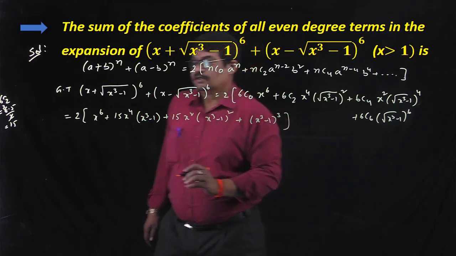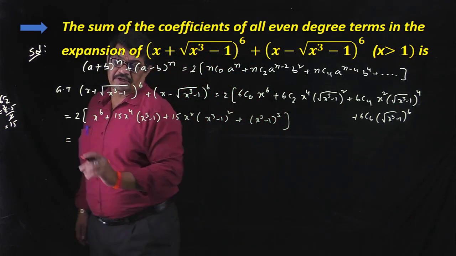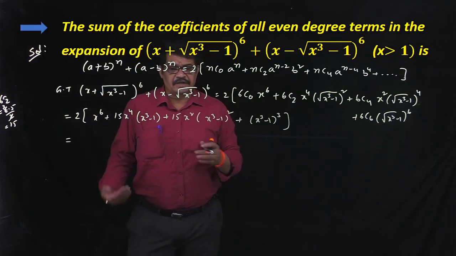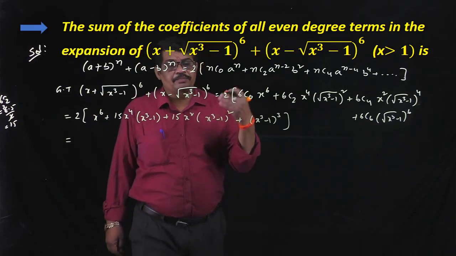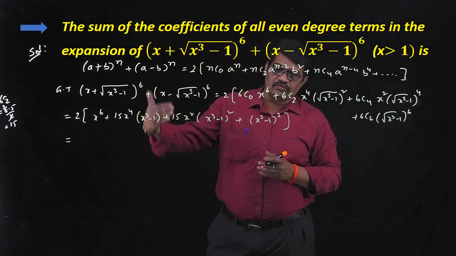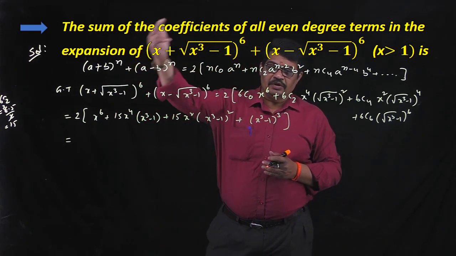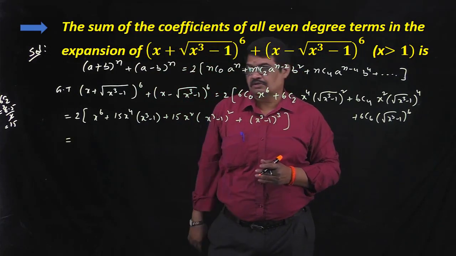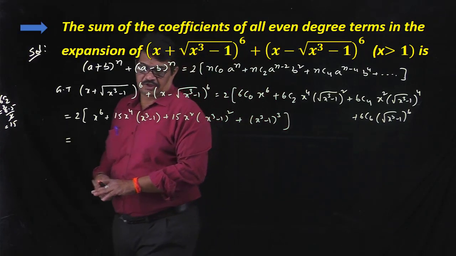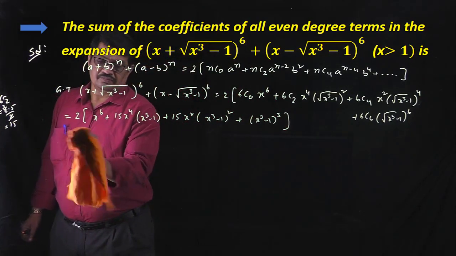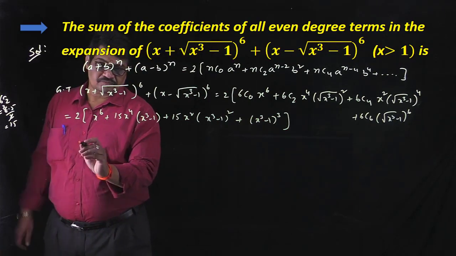Here in this expansion we are writing the even degree terms. Now we have to find the sum of the coefficients of all even degree terms in this expansion.